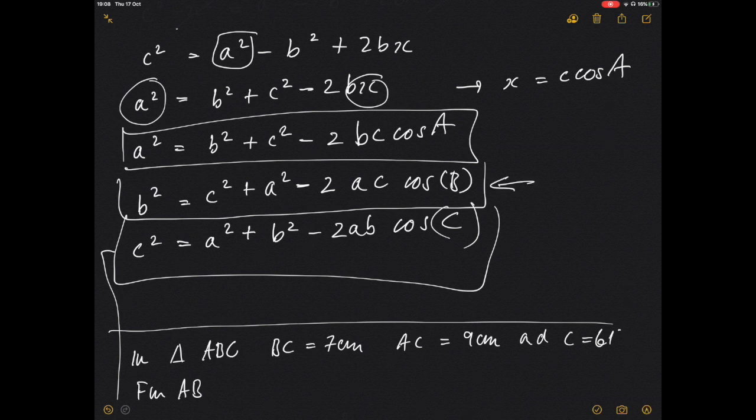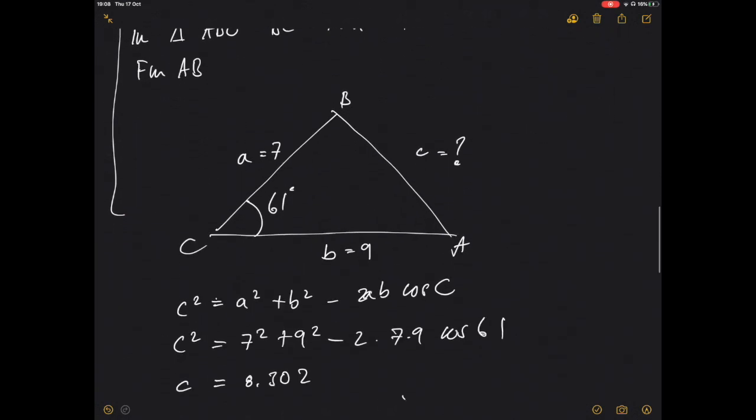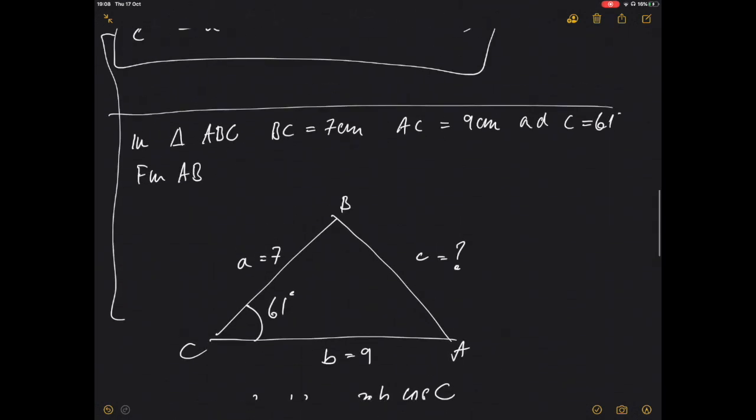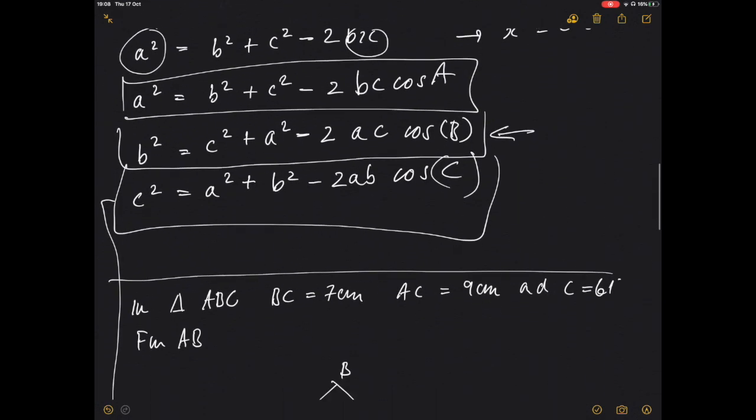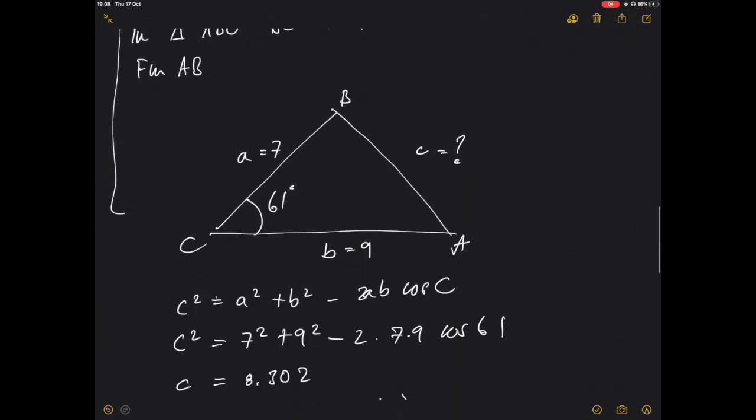So we can then take our equation back down, and we can say that that would be b squared equals c squared plus a squared minus 2ac cos b. So we draw that here.